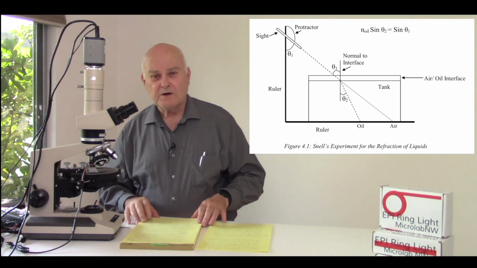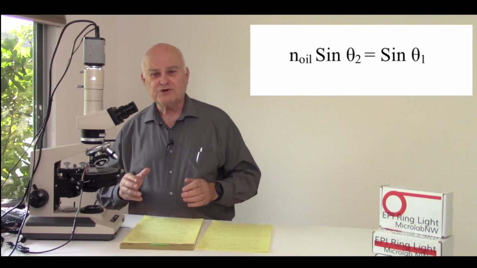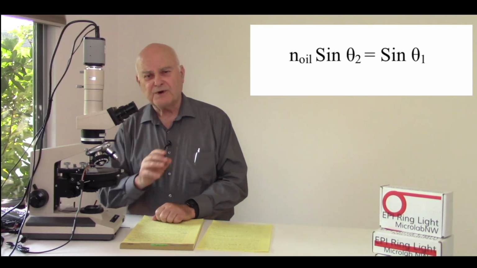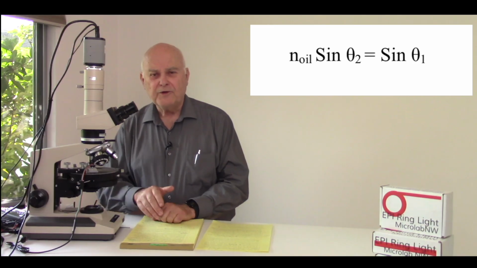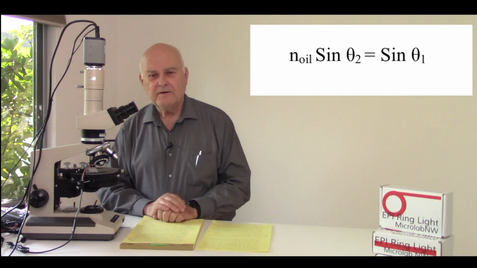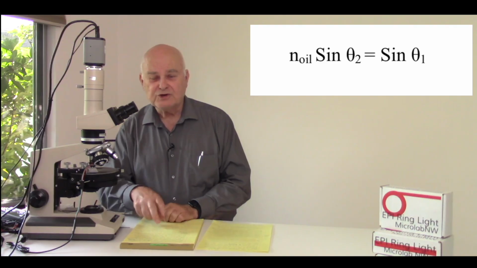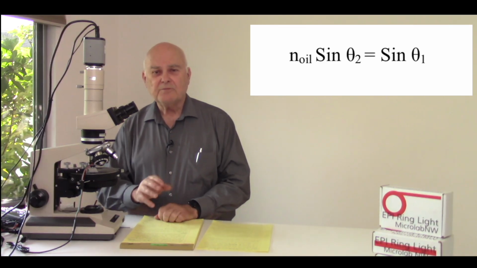After a number of experiments, Snell actually came up with an equation that allowed you to predict where you might observe that ruler, what measure you might come up with, depending upon the different substance that you had in this tank. Snell assigned a number to the material called the refractive index.